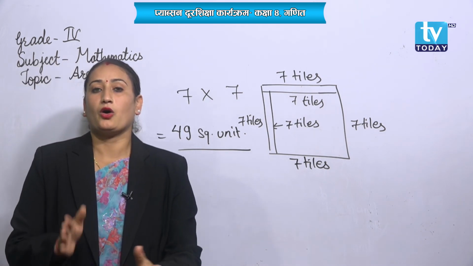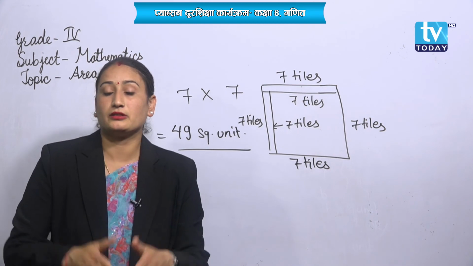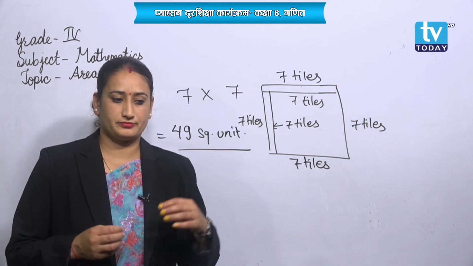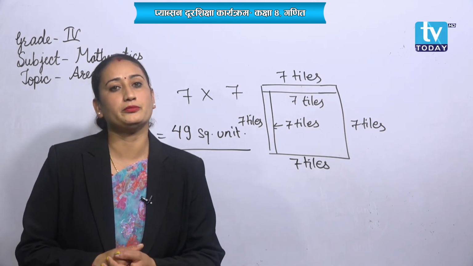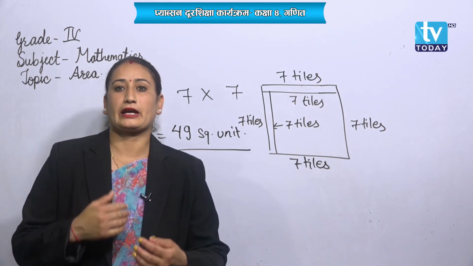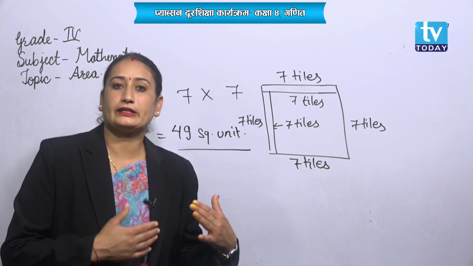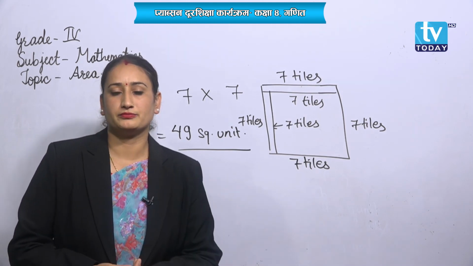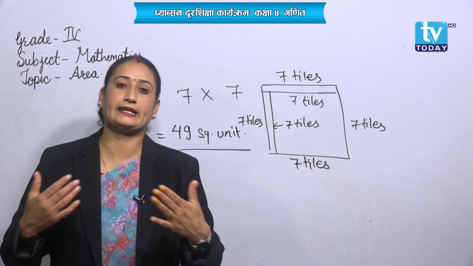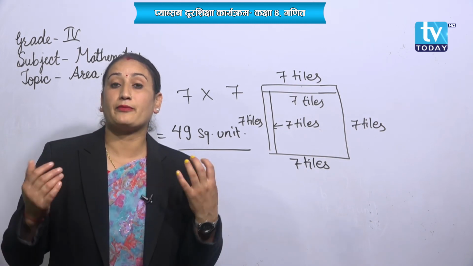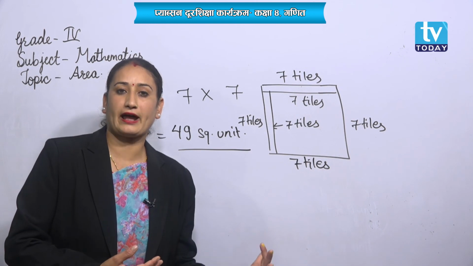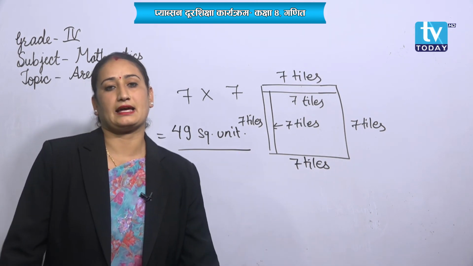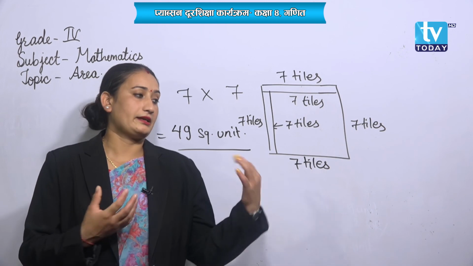Okay, then after measuring the length of your room, what can you do? You can find out the area of your room by multiplying the length and the breadth. After multiplying length and breadth, you will get some area, right?